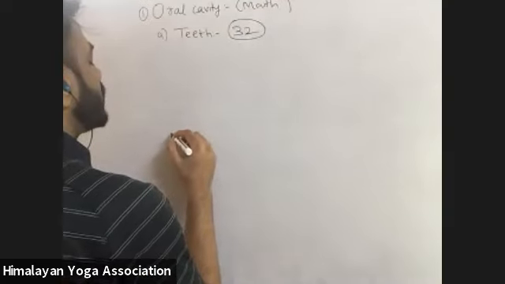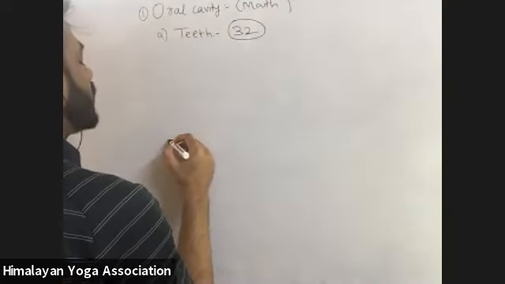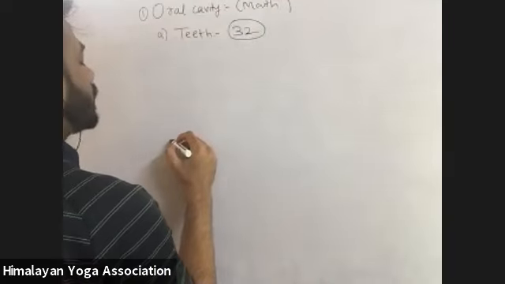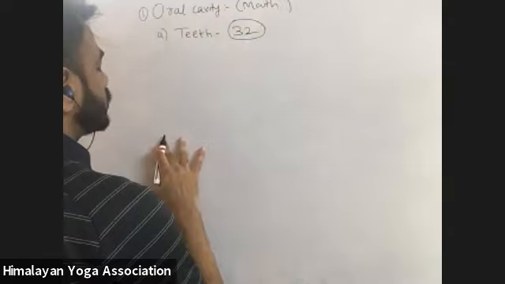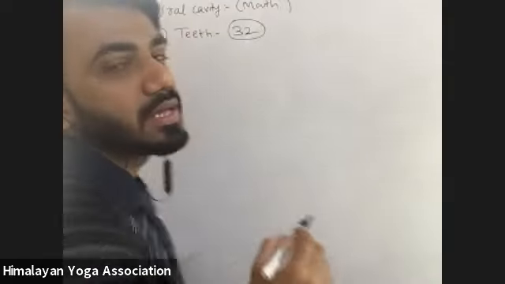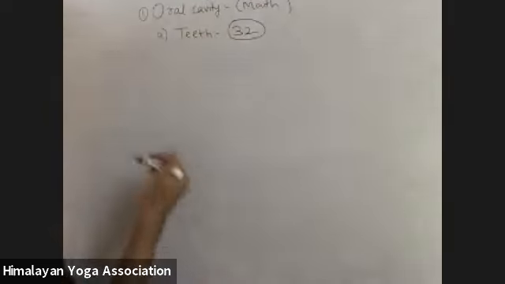What types of teeth there are and how they help digest the food mechanically, we will see. These 32 teeth are present as 16 in the upper jaw and 16 in the lower jaw.